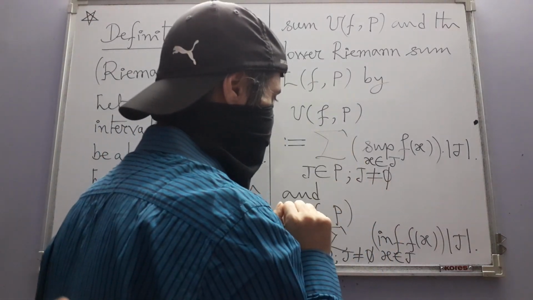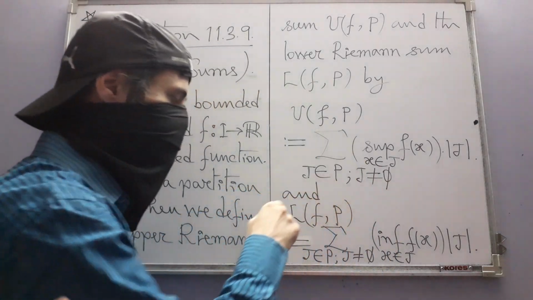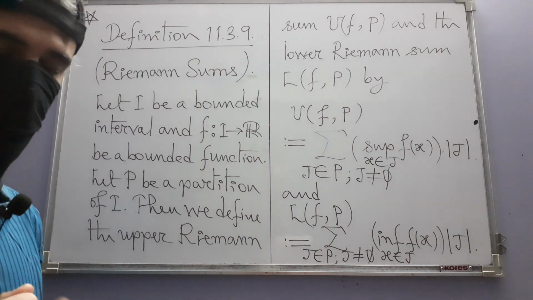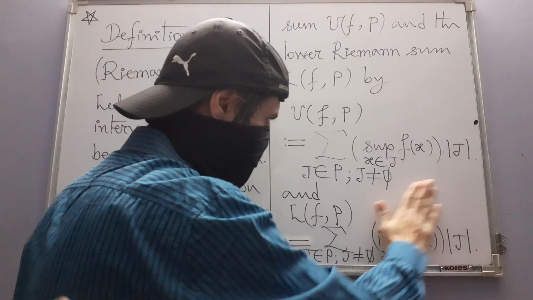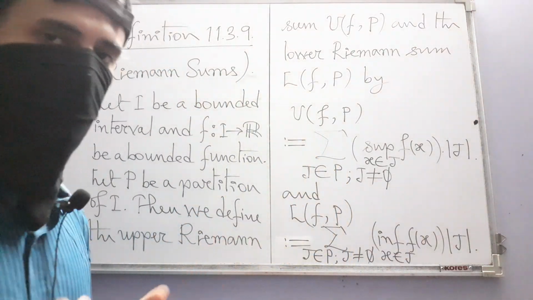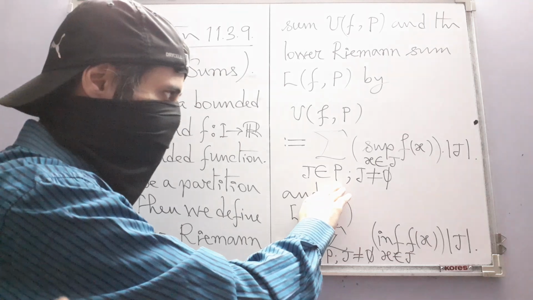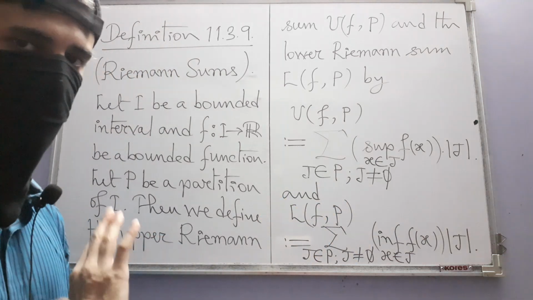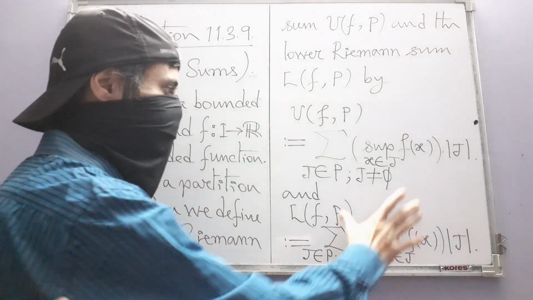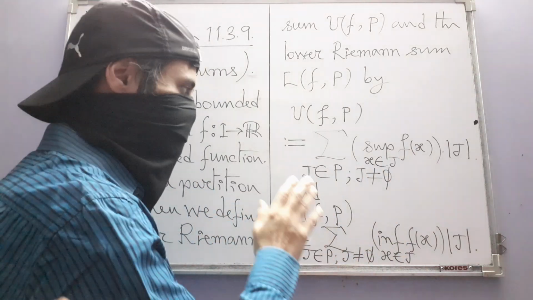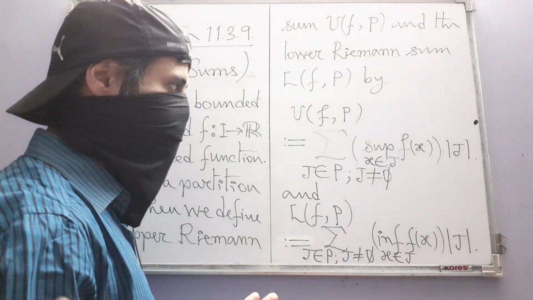Now note one thing, that because P being a partition is by definition a finite set, the sum you are looking at is a finite sum. It's not an infinite sum. So there is no problem of convergence, non-convergence, those things are not there. It is a simple finite sum, so it's well defined and it has a real number value.